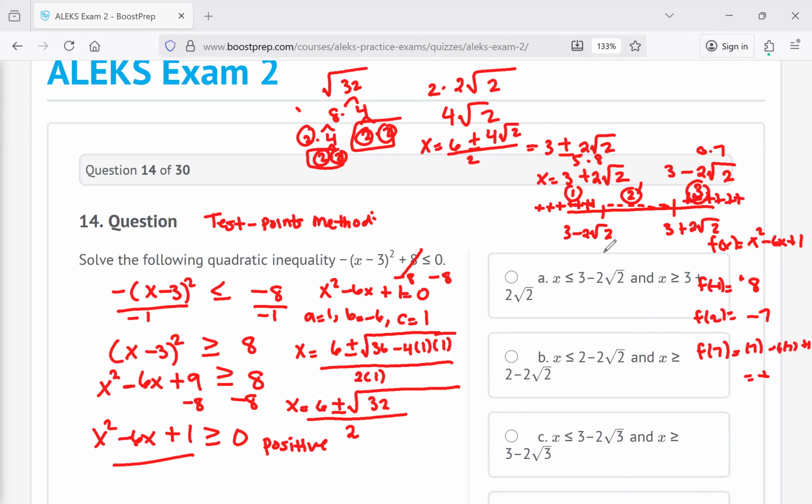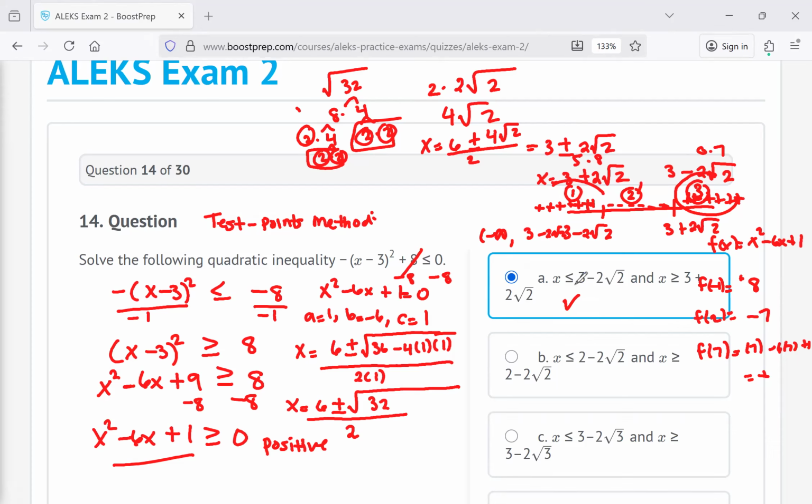Okay, then remember we only care about the positive sign, so we only care about region 1 and region 3. We don't care about region 2 anymore. So it's going to be A, right? X is less than 3 minus 2. That's true. If you put this in interval notation, it's from negative infinity to 3 minus 2 radical 2, which is the same thing as this.